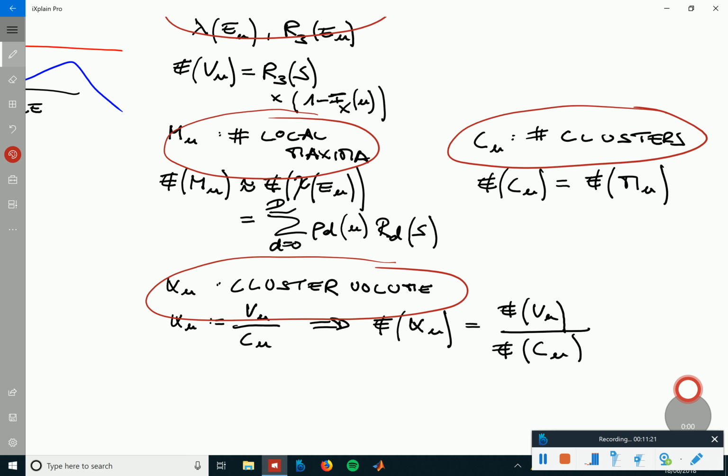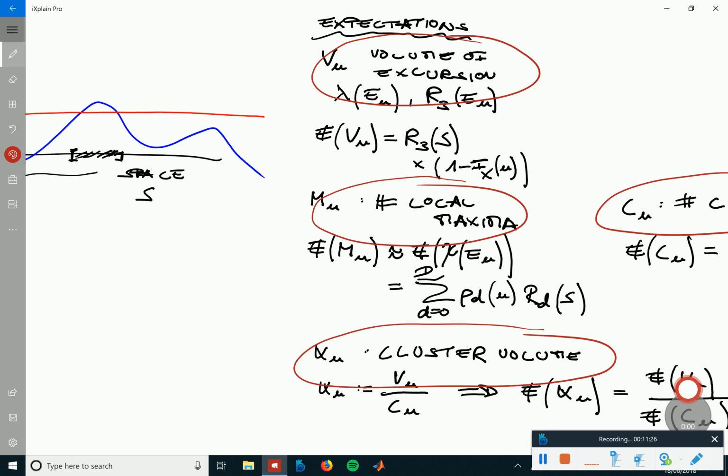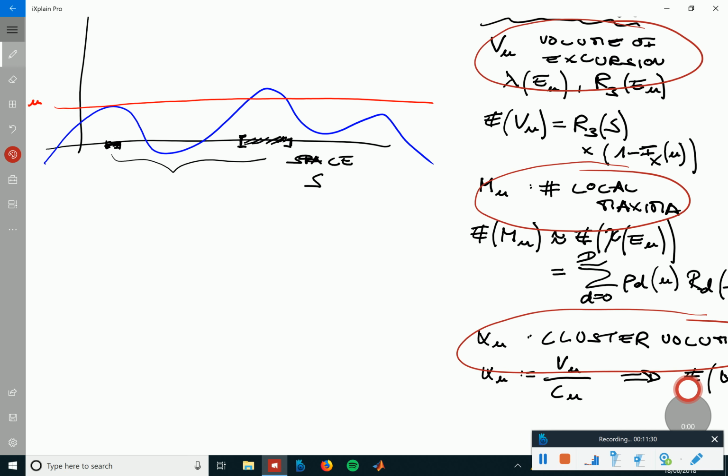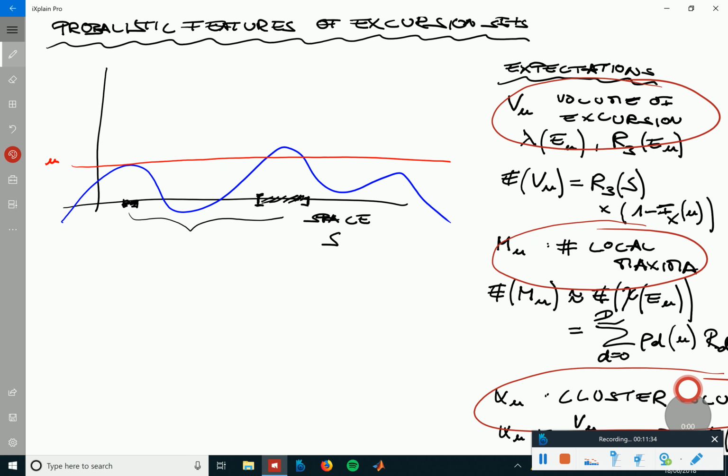So try to be clear about these things. This is what we have seen in the past, and now we have to not only talk about expectations of these features and say, okay, the expectation for the number of clusters is, let's say, 10, and we have observed 20 in our SPM analysis, so that's unlikely under the null hypothesis.